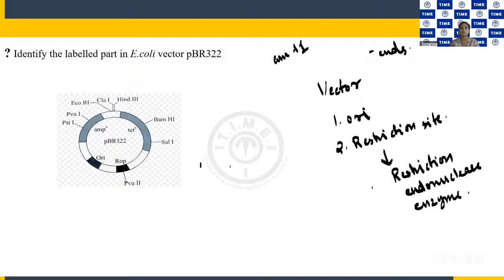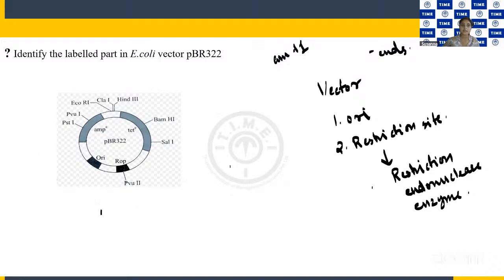And one of the questions is this. Here we have a pBR322 vector. Let me go through each one of it. Here you have HindIII, ClaI sites marked, right? We have the EcoR1 site, PvuI, PstI, BamH1, SalI, PvuII.